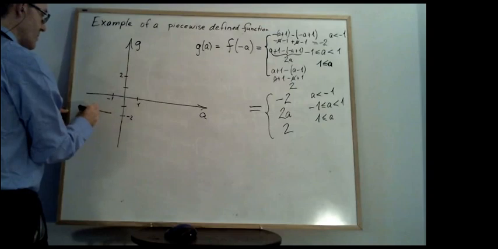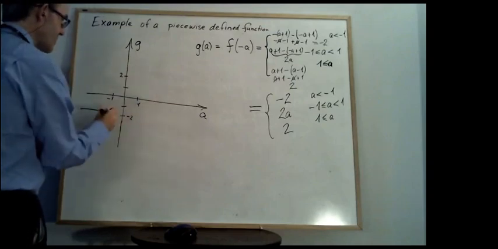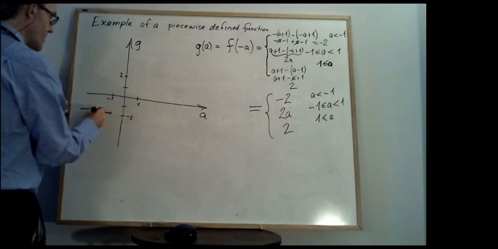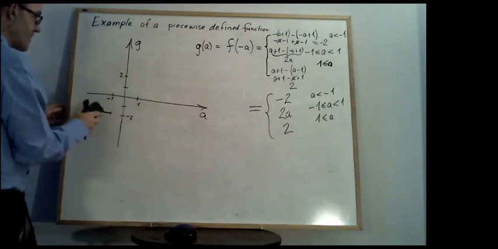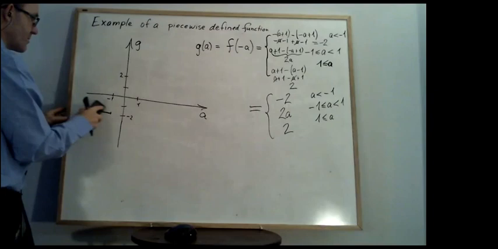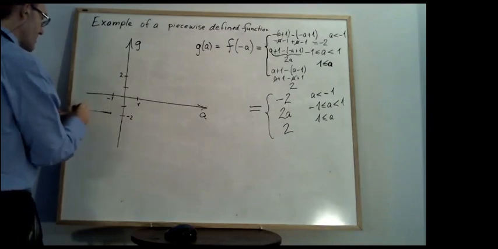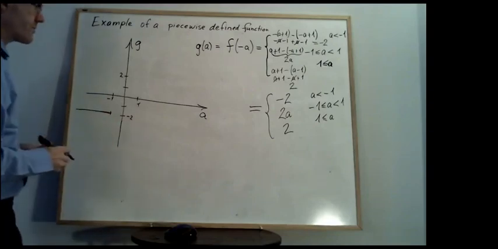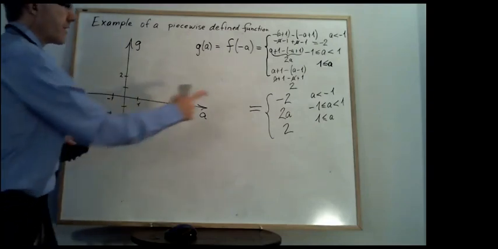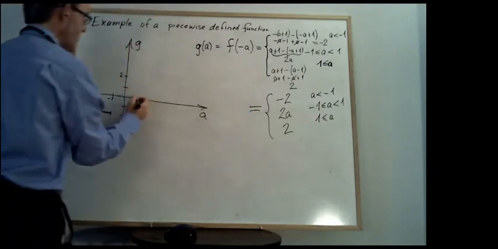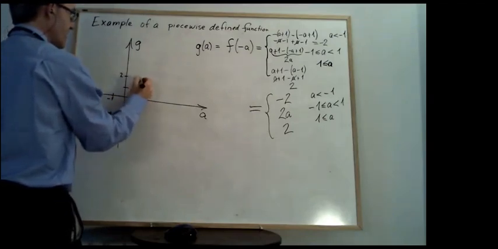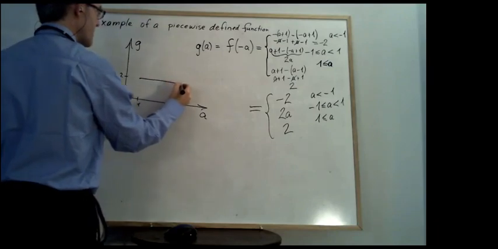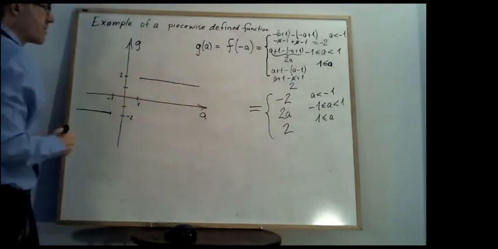Anything below, if a is less than -1, then the value of the function there is the constant -2. Okay? For anything, in the third case, if a is bigger than 1, any value of a which is bigger than 1, then the value of the function is constant, the constant plus 2.